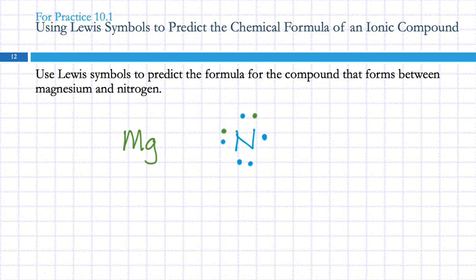So we take those 2 electrons away from magnesium. Magnesium looks like it's got nothing, but we understand that underneath there's this shiny octet of electrons. So magnesium is happy now. The nitrogen here now has a charge, right? Has a charge of 2 minus because it gained 2 electrons. Is the nitrogen happy? Does it have an octet? No, it doesn't.